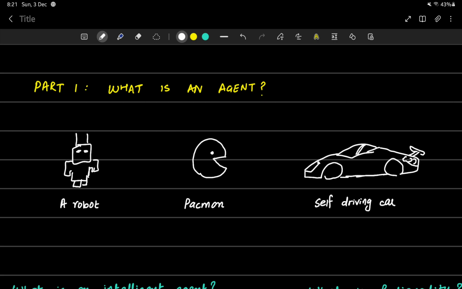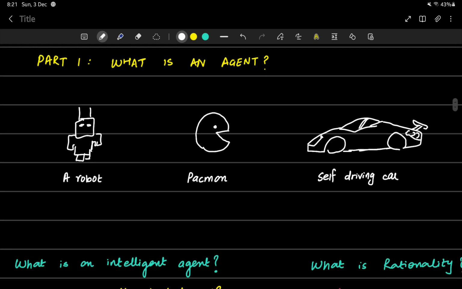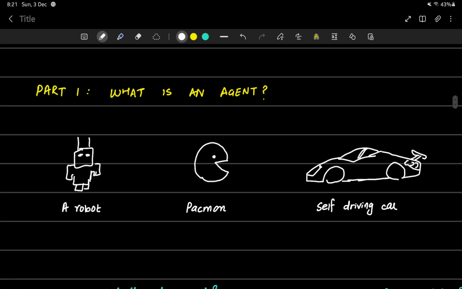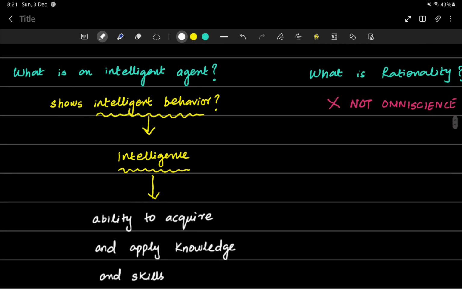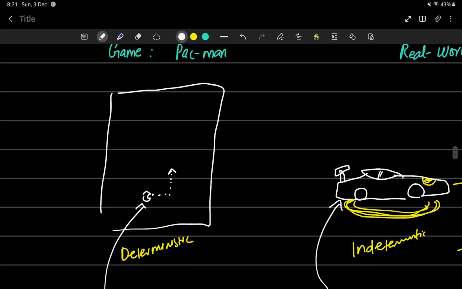But that's not always true, because let's say you have this Pac-Man game. Now in that Pac-Man game, you also have the villains, and these villains actually want to kill you, right? They want to eat you, but you want to escape them. So if you want, you can also make them artificially intelligent agents as well.